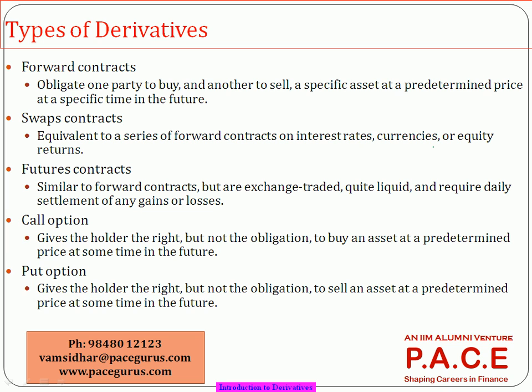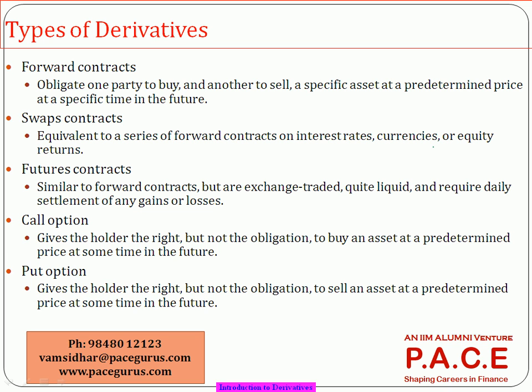Whereas all future contracts, again, buying and selling the same securities or assets at a future date, but over an exchange only. And the main advantage of getting into a future over a forward is reducing the default risk, because exchange will use some kind of a mechanism to reduce the default risk. So the major benefit of getting into a future contract over a forward contract is to avoid the default risk.